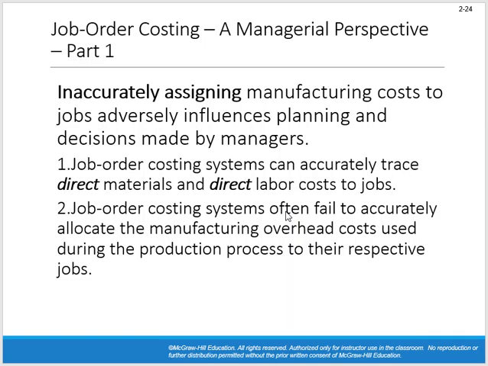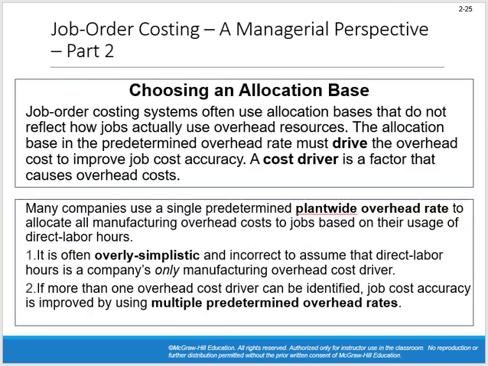So this is problematic. We're learning how to do it, and we're doing it the best we can, but it is problematic if there are inaccuracies in our manufacturing overhead. Remember, we're doing this because we want to be able to estimate our job costs during the year. We might use that to bid on jobs and figure out pricing for customers, and if it's highly inaccurate, it might lead us to some bad decisions. So we need to be careful about that.